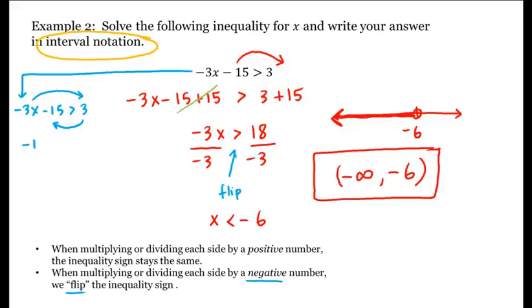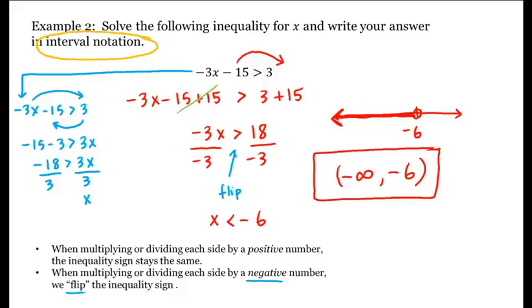We have -15 minus 3 is greater than positive 3x, or -18 is greater than positive 3x. And now when we divide, this number's positive, so we don't have to worry about the inequality flipping.